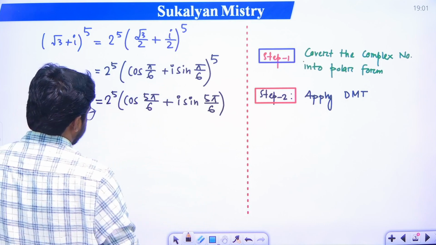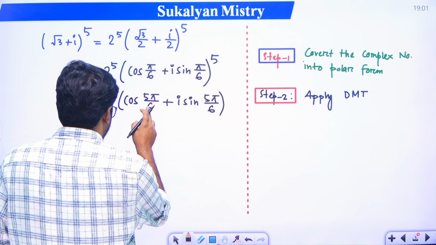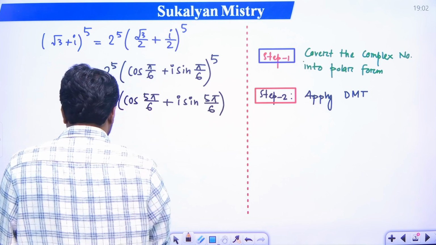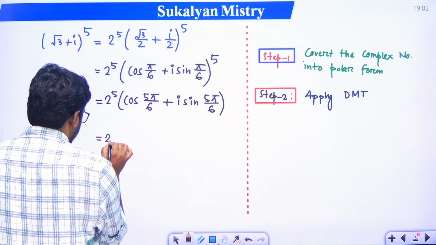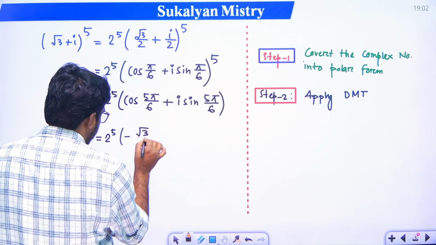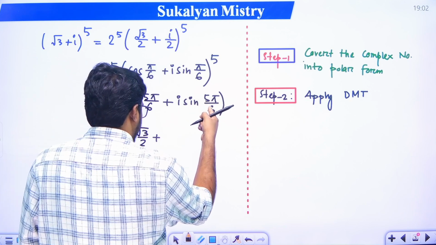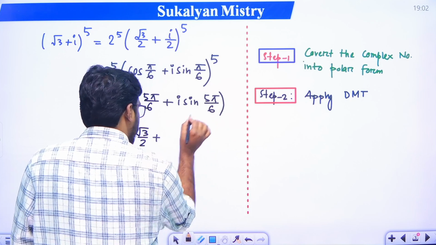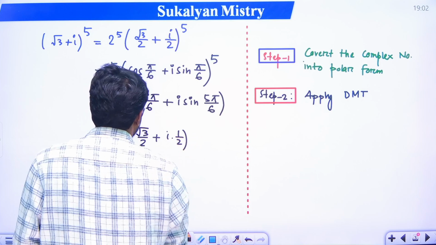Okay. So now just calculate cos 5 pi by 6. This is minus √3 by 2. So this is equal to 2 to the power 5 into minus √3 by 2. And sin 5 pi by 6 will be 1 by 2, so i into 1 by 2.